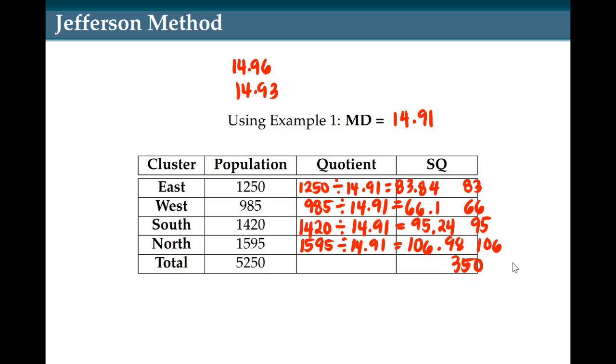Just like the modified divisor from your reading material, which is 14.92. So we can have either of these as long as it will give us 350, or the number that we want to be apportioned.